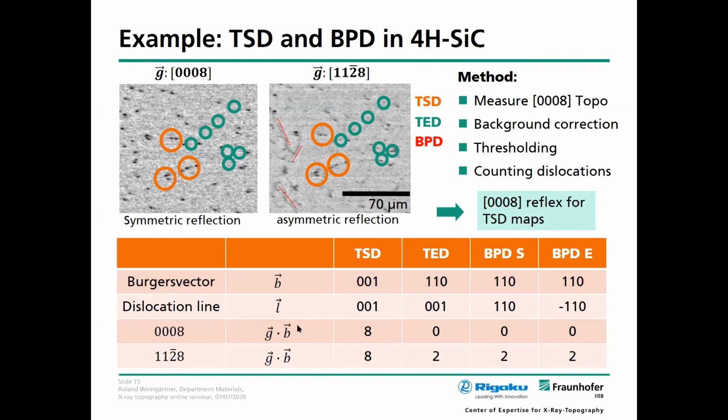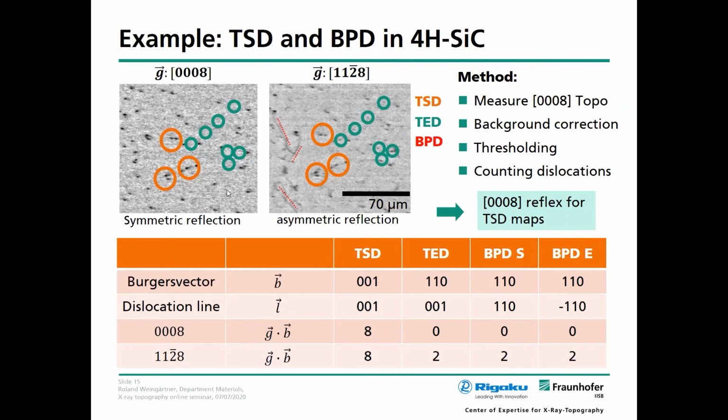So for the 008, you do not see threading edge dislocations or basal plane dislocations, either of screw or edge type. You only see threading screw dislocations. And this is exactly how you can exclude that these defects can be threading edge dislocations, so they have to be threading screw dislocations.